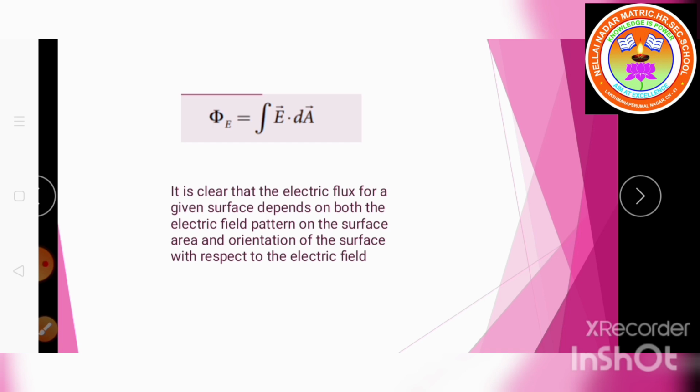Understand? Next topic, electric flux for a closed surface. Listen, children, in the previous topic we dealt with the electric flux for any arbitrary curved surface.